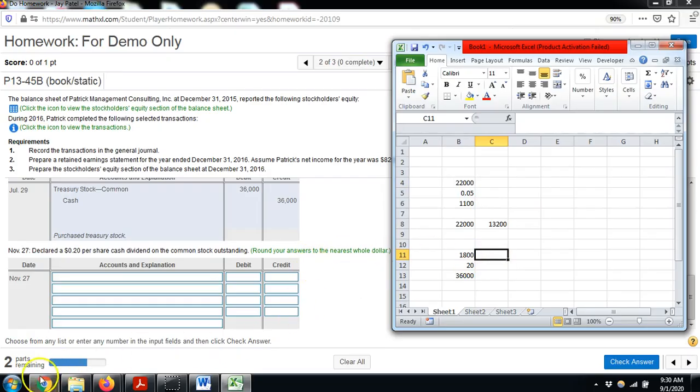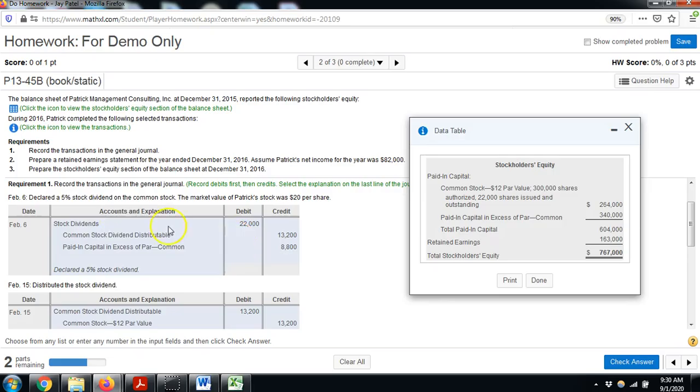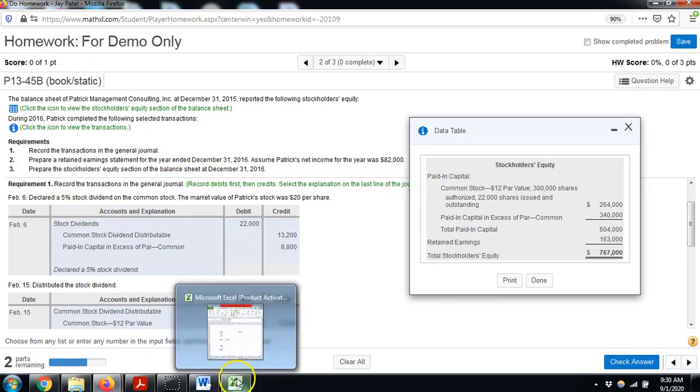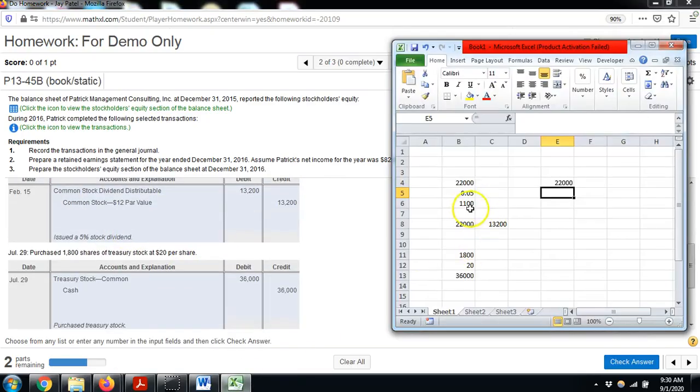So there were 22,000 shares outstanding, and then what happened? We had a 5% stock dividend, which increased the share count by 1,100, which we had here.